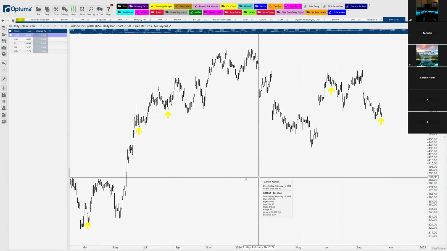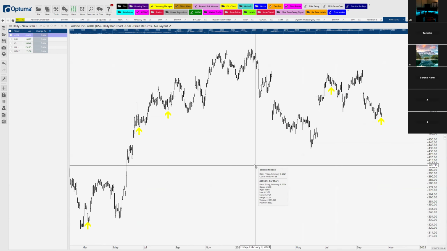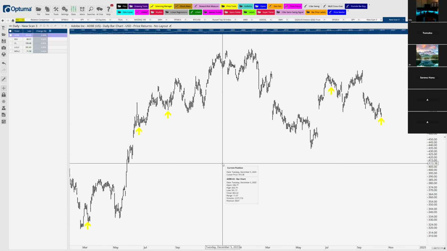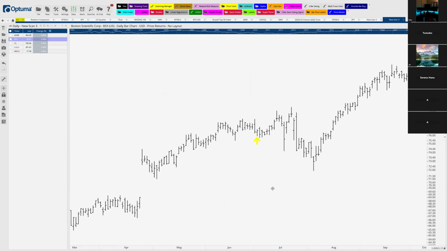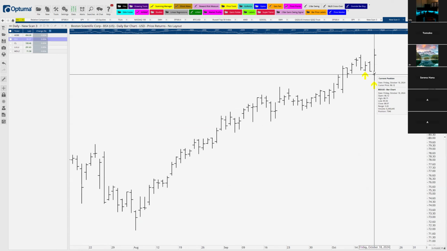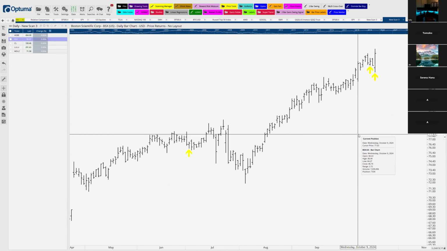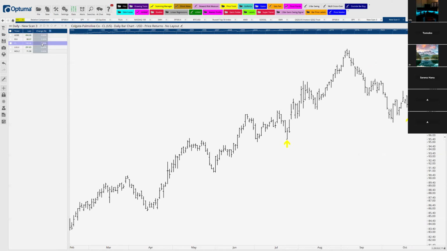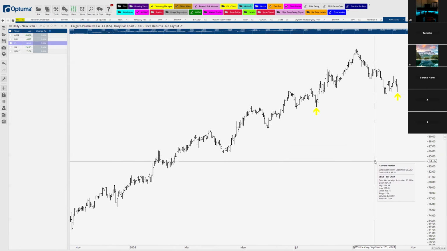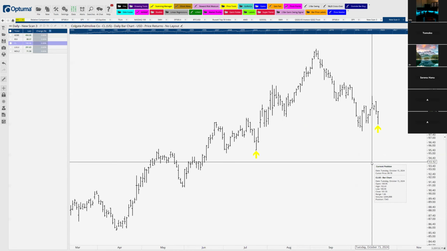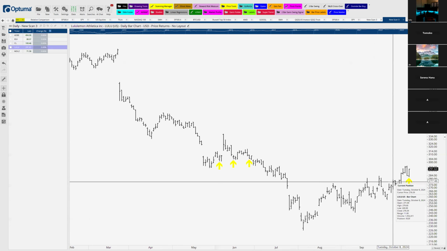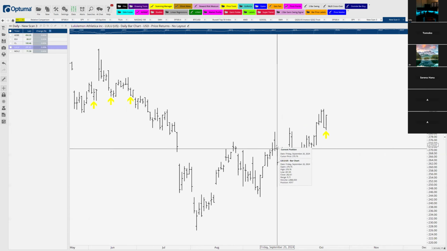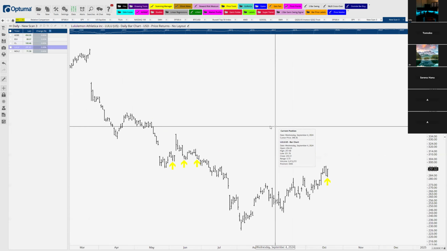When I make them, I just run like one contract just to see how this thing is working. Colgate, Lulu. These are all daily.